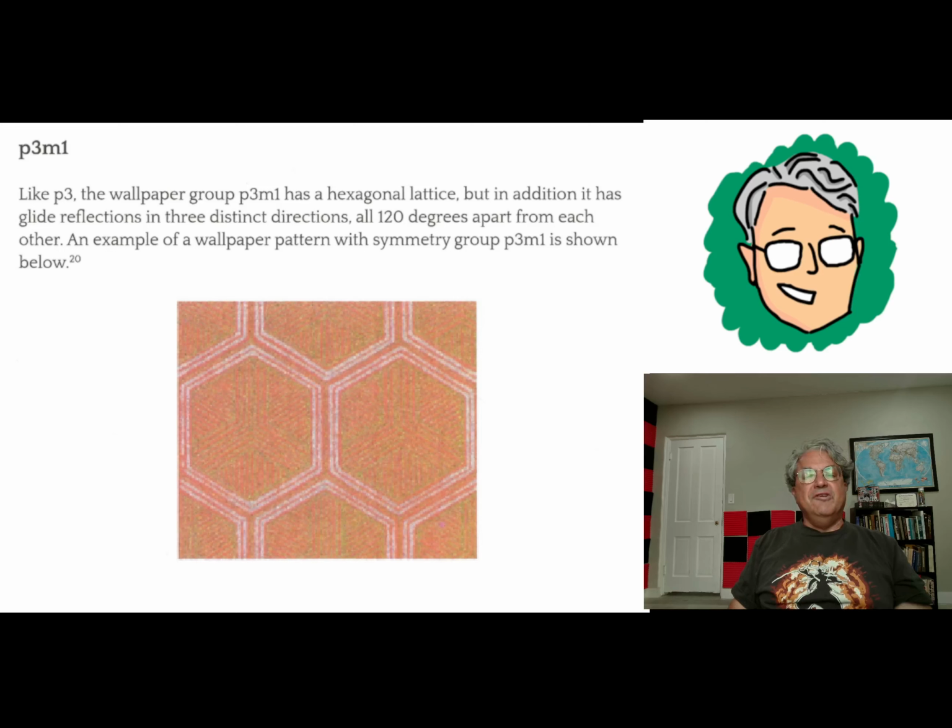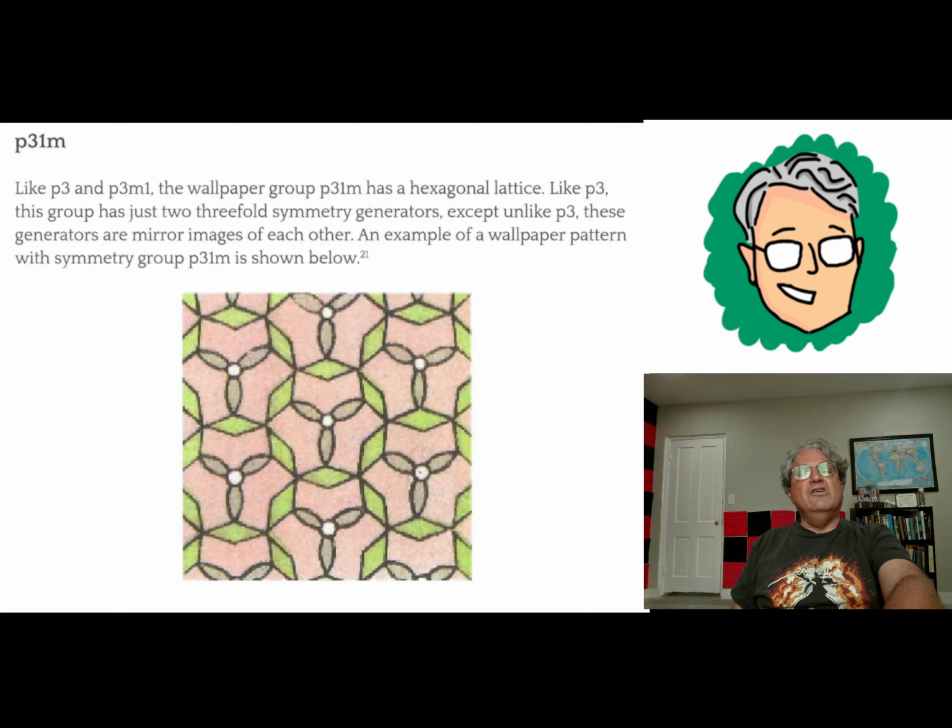And I think you can see that a glide reflection will take you from one of these hexagons to another hexagon. And it turns out the glide reflections are 120 degrees apart from each other. Anyway, so that's P3M1. And then P31M.